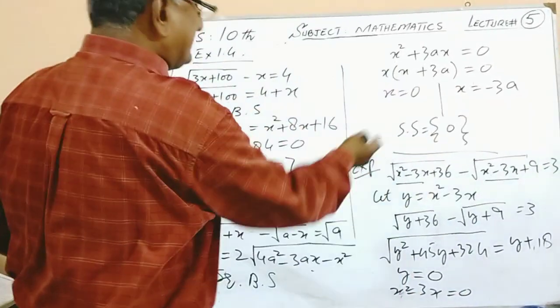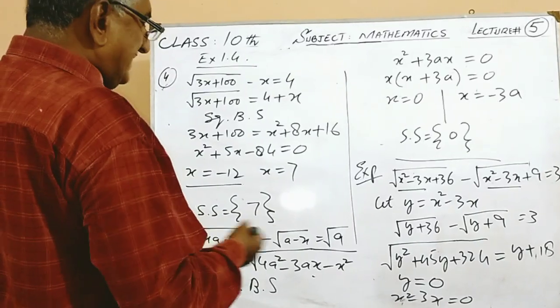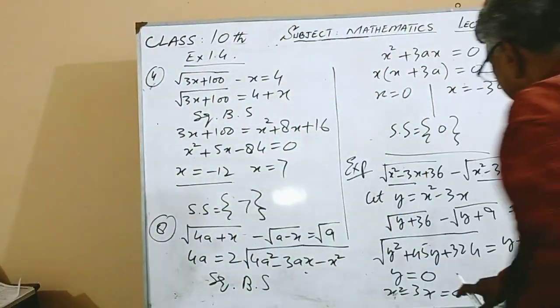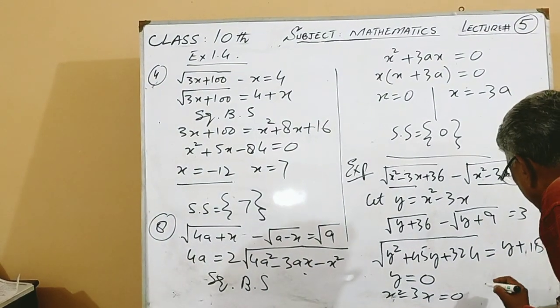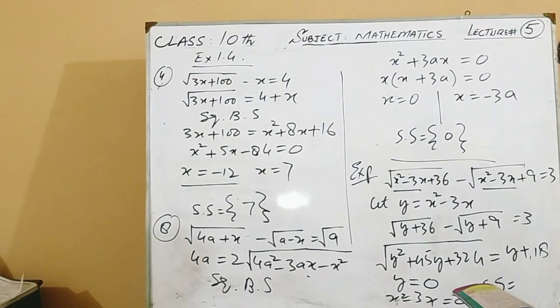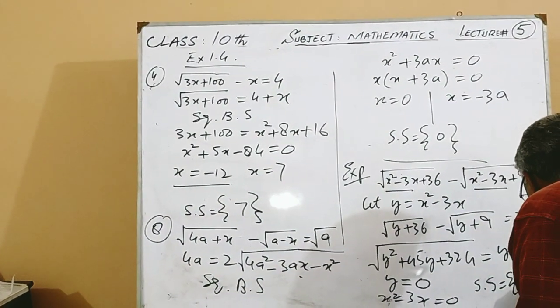Very interesting question. This is a solved example in your book at page 14. So you can easily check this one, and after solving this as we have done previously, you will get two values of x. One value is 0 and the other value is 3.